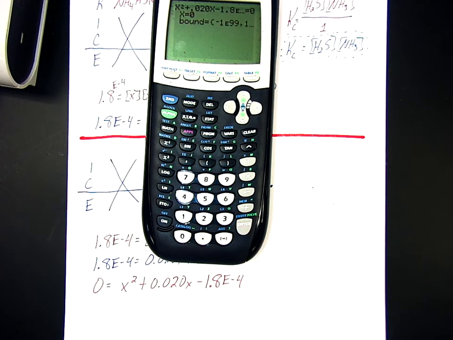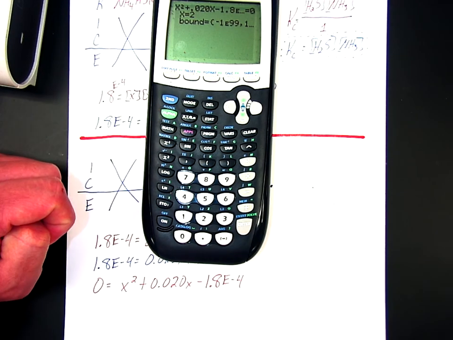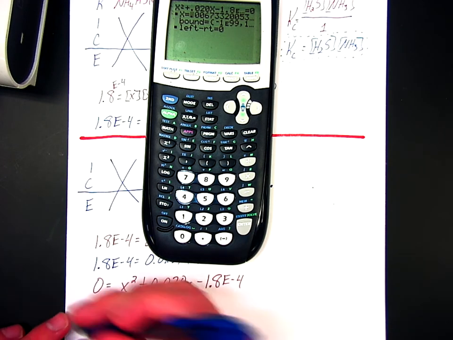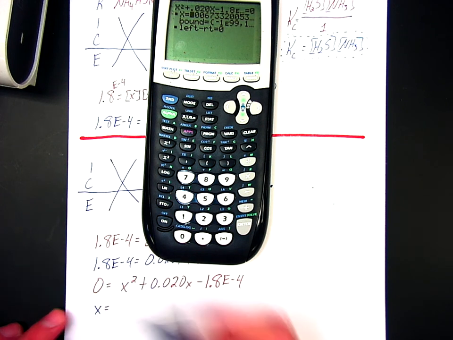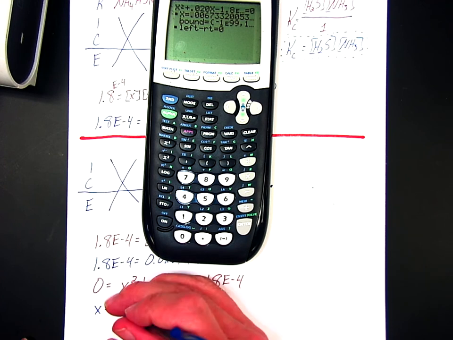It'll take me to my intermediate guess screen. I always pick 2. Then I want to go solve, which will be alpha enter for me, alpha solve. And it looks like I'm going to get a value of X equals 0.0067.